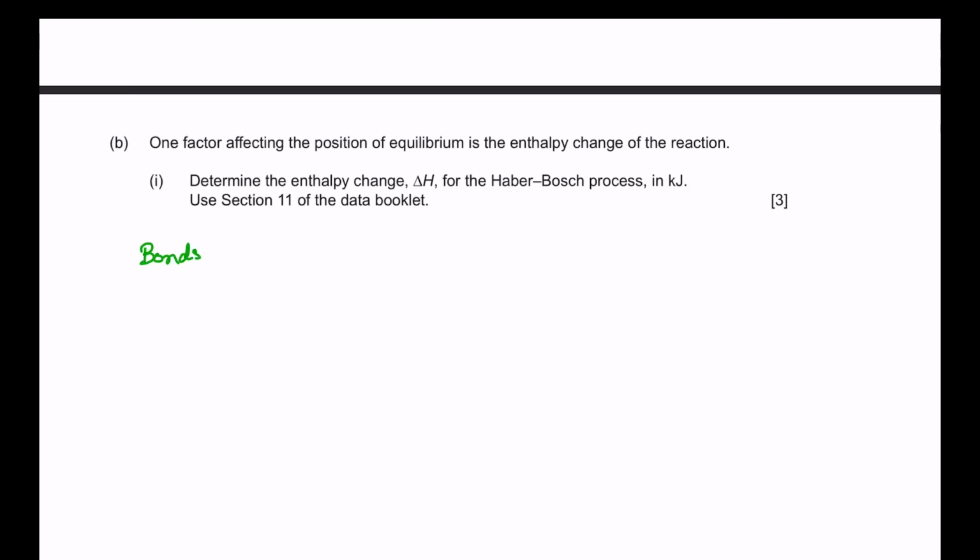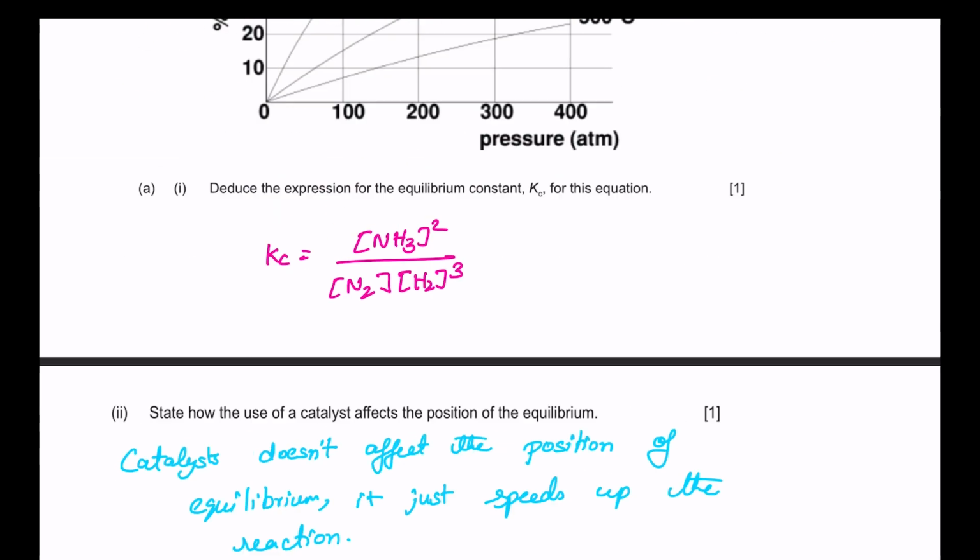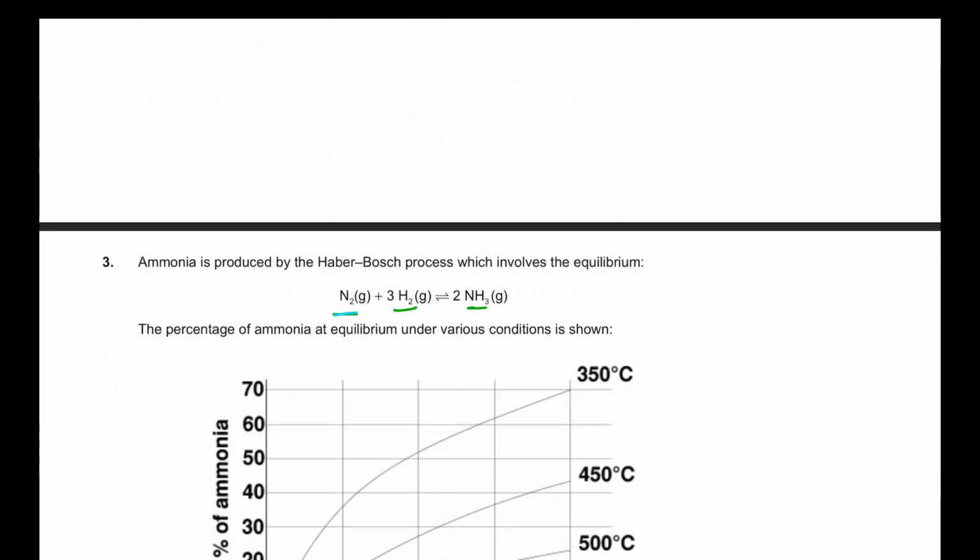Bonds broken will be N triple bond N and H-H, and bonds formed will be N-H. Now the summation of bonds broken: we see from the balanced chemical reaction, one N triple bond N breaks and three H-H bonds will break.